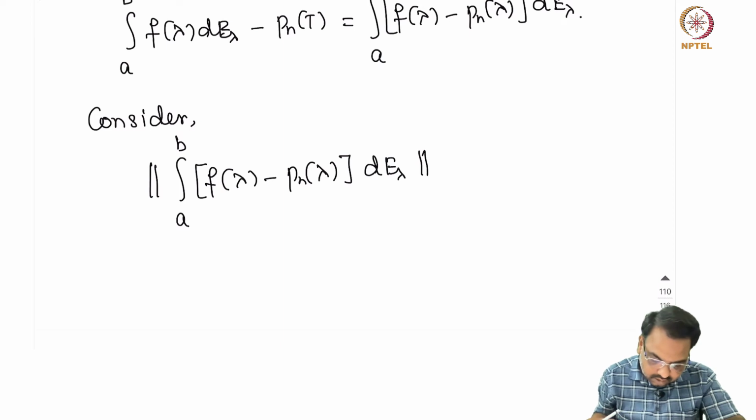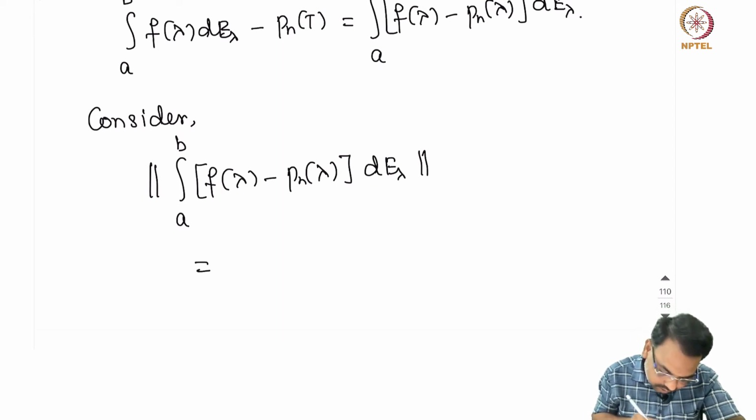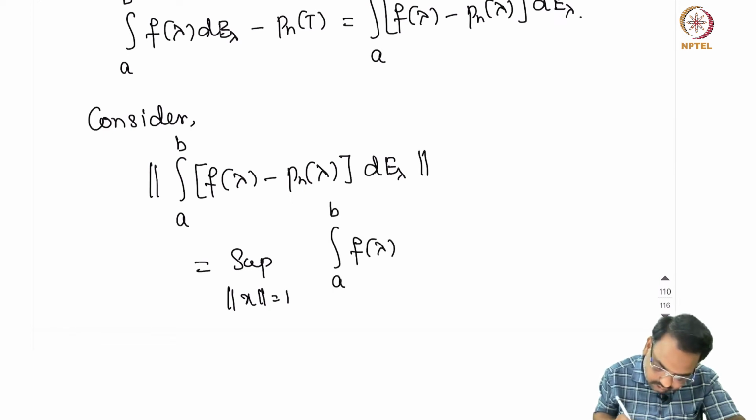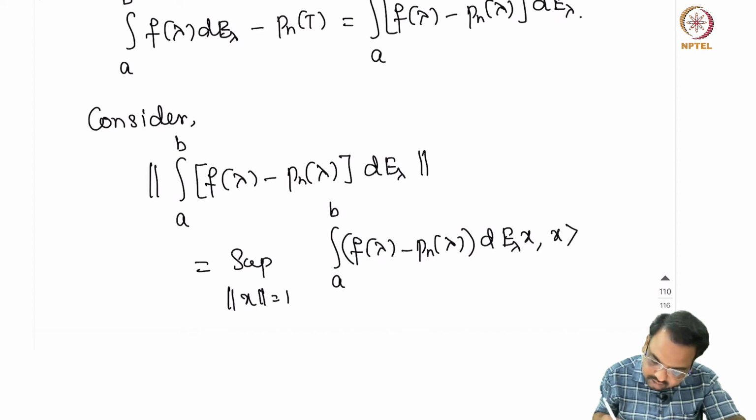This is the supremum over norm x equal to 1 of the integral a to b of f lambda minus Pn lambda d inner product of e lambda x with x.